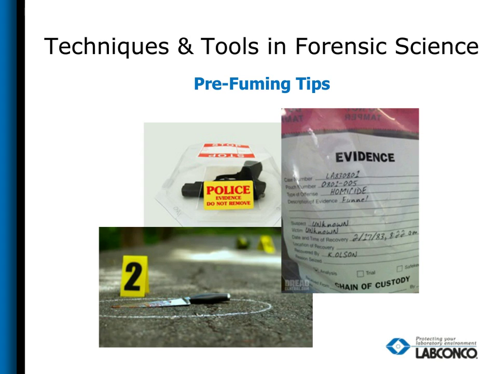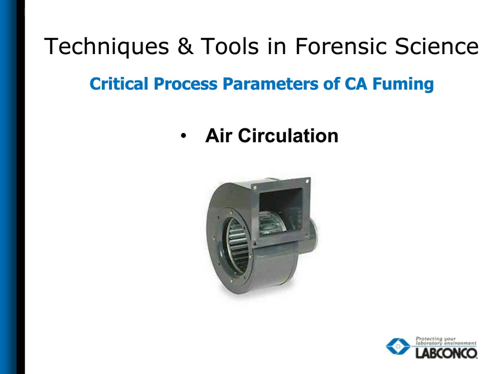A few of the parameters with CA processing that are consistent start with air circulation. This is where a lot of the homemade fuming vessels, fish tanks, or even garbage cans used out there tend to fail or break down in the process. Consistent, even air circulation throughout the whole fuming area helps ensure all the evidence within the container or device is properly fumed.